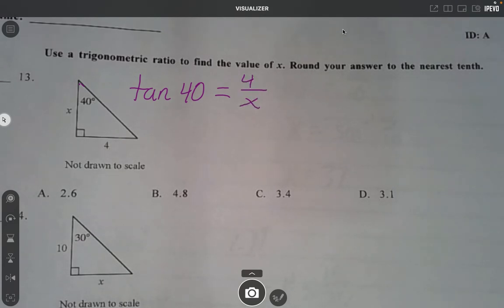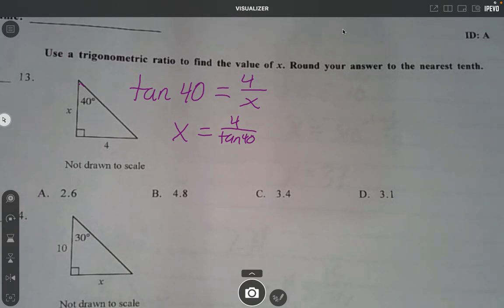Now remember, to solve for x, we either multiply or we switch and divide. So you're right, Elena, we're going to switch them. Now I can type that in my calculator: 4 divided by tangent of 40. What do you get? It should round to 4.8, so you should get B.